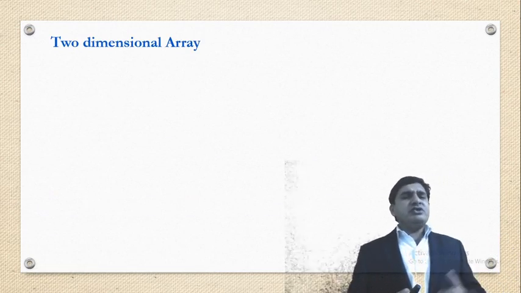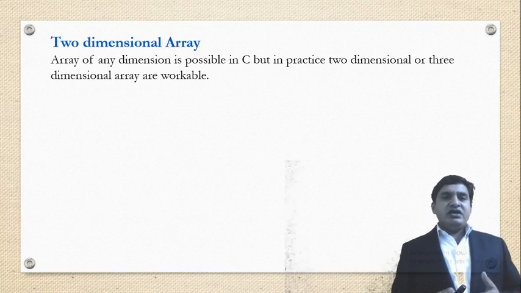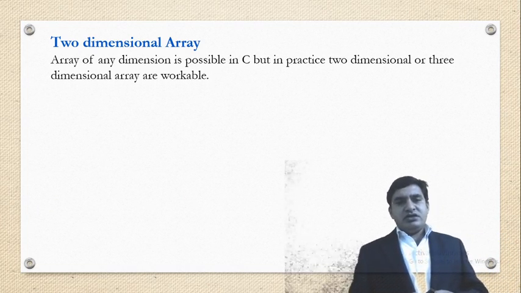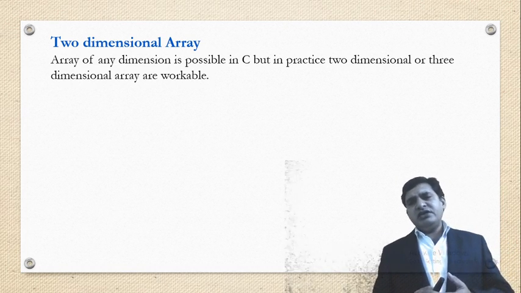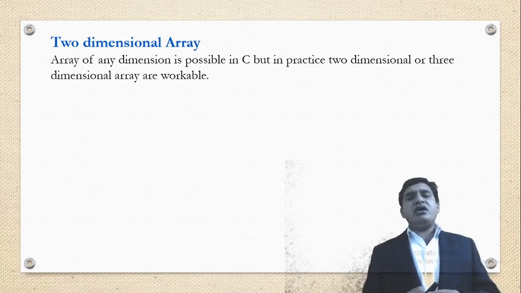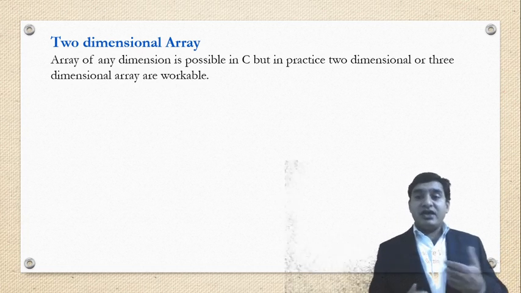Now we have to see what is a two-dimensional array. Arrays of any dimension are possible in C, but practically two-dimensional and three-dimensional arrays are workable.